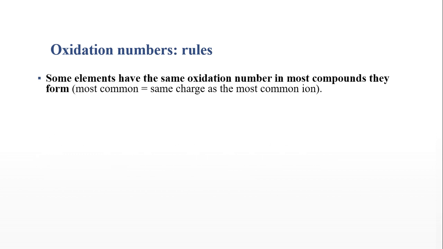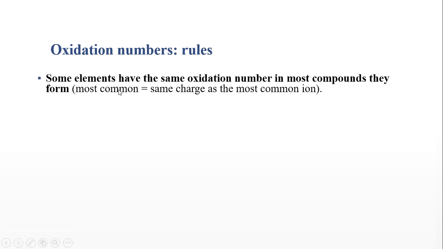All right. Finally, and this is maybe, well, it's definitely as useful, if not more, than the other rules. Some elements have the same oxidation number in most compounds they will form. So since they pretty much always have the same oxidation numbers, we can make assumptions that they're bound to have that in new compounds we encounter.